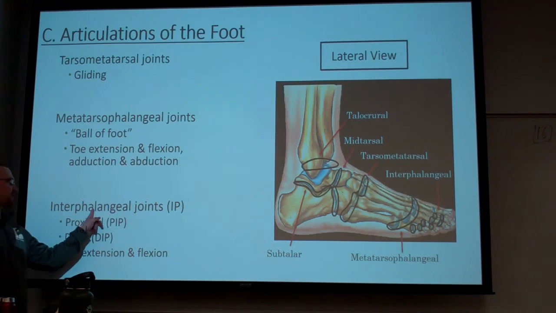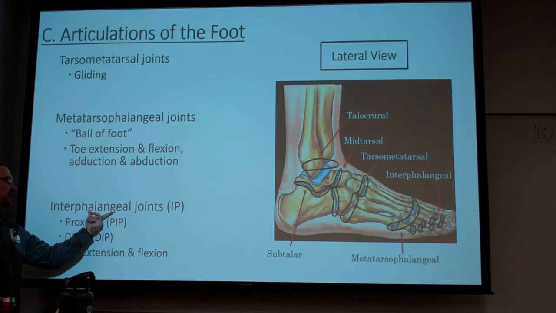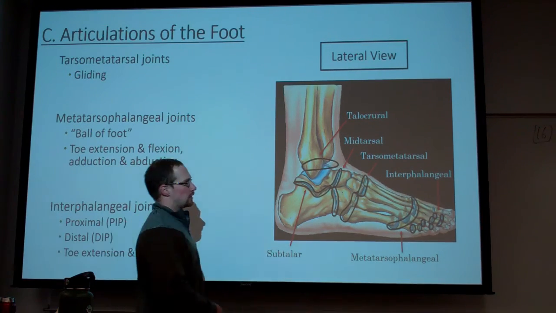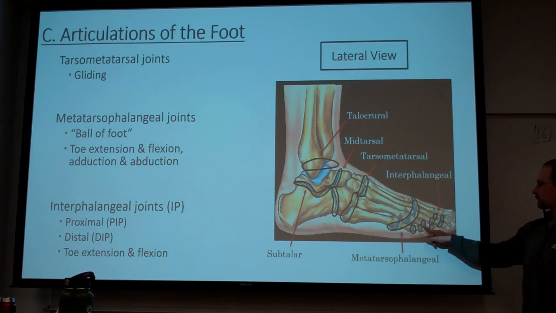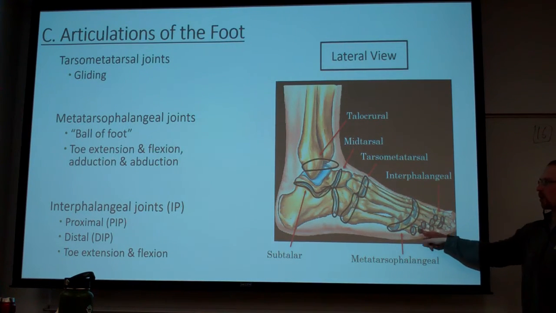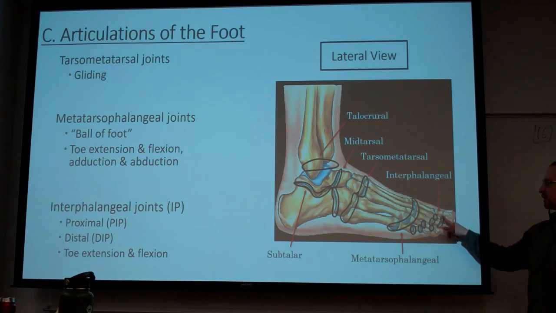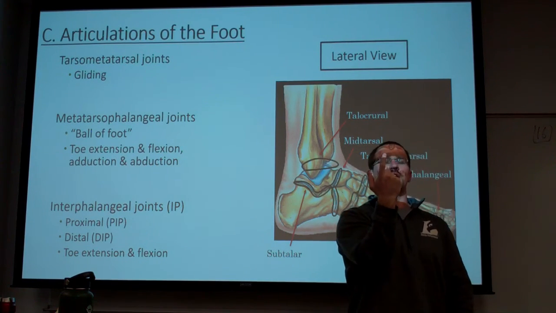And then lastly, we've got our interphalangeal joints. Inter meaning between, phalangeal, phalanges, between your phalanges. So those are going to be right here. Whether we got our proximal interphalangeal joints or our PIPs, or we've got distal interphalangeal joints or DIPs, just like with your fingers, those are hinge joints.